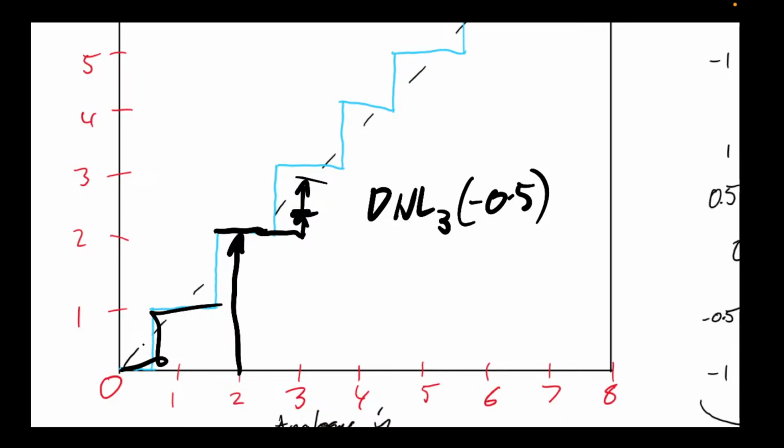Now that is regardless of where 2 was. So let's say 2 for some reason only gave us 1. So if 2 only gave us 1, and then we got to 3 at some point, and we only went up still by a half, then we still get the exact same differential nonlinear error of minus 0.5, okay? Differential, it's just comparative to the last point, okay?